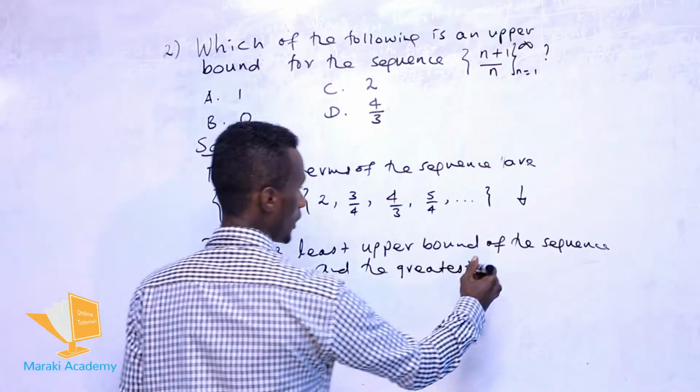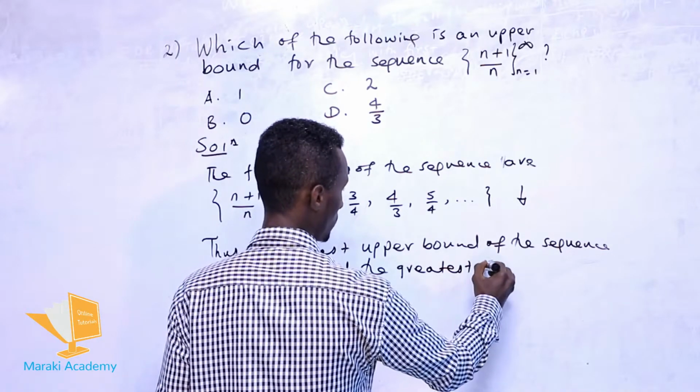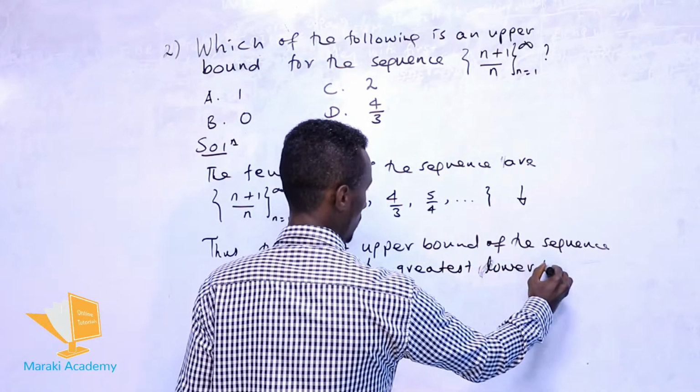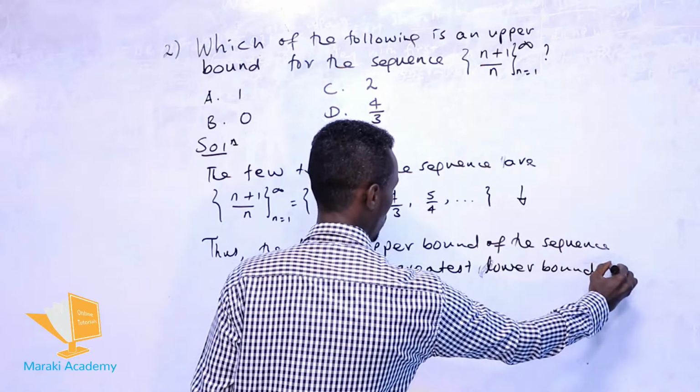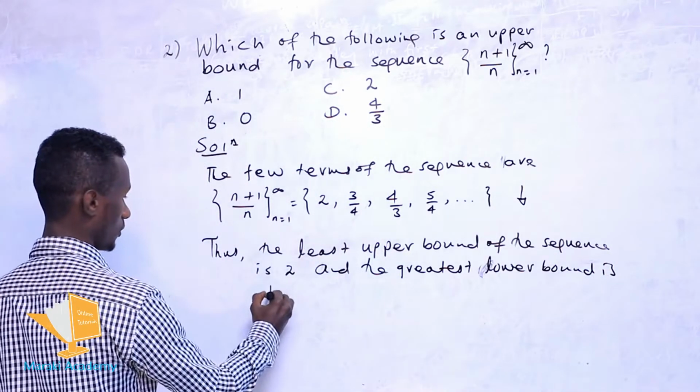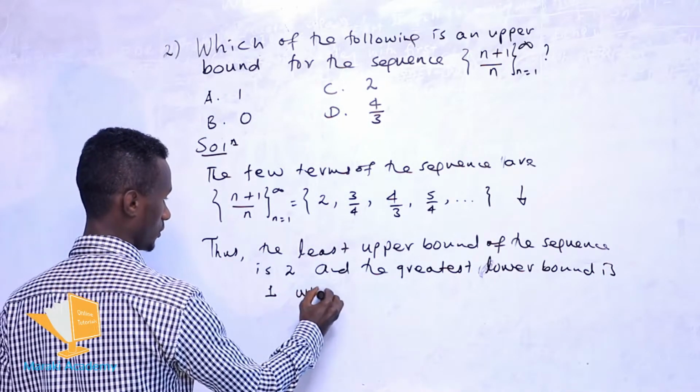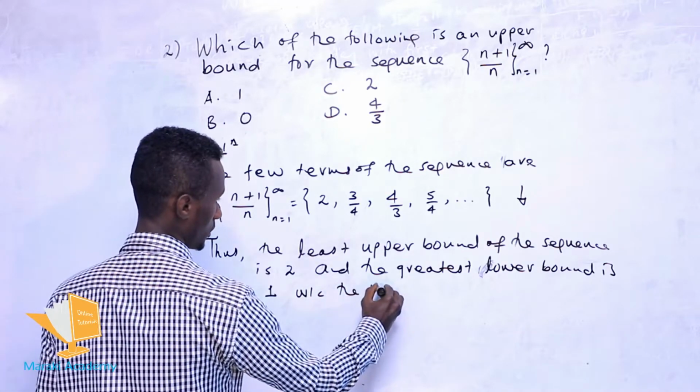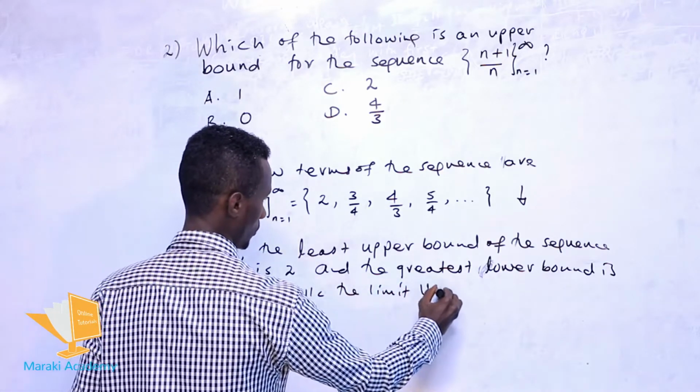And the greatest lower bound is 1, which is the limit value.